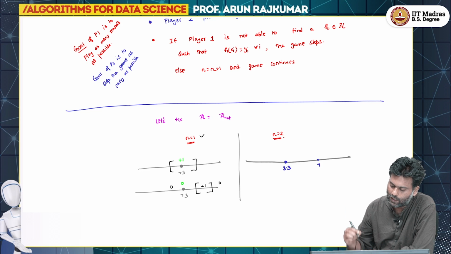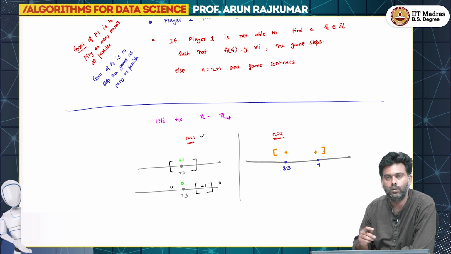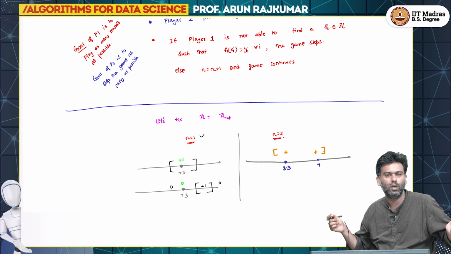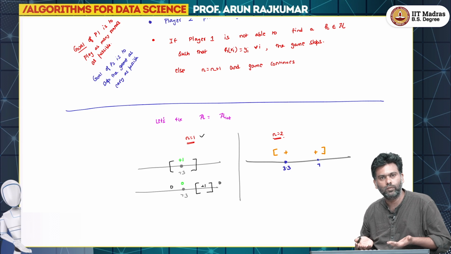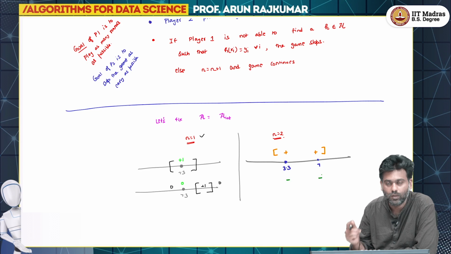Let's say I'll try to mentally see if there is a strategy for me to break you. Now, if I give you plus, then what would you do? You would just say, this is the interval, the interval that encompasses both 3.3 and 7, and that will label both of these as plus and plus. On the other hand, if I give you minus, or 0 0, let us call that minus just to indicate the label is 0, can you come up with a classifier?